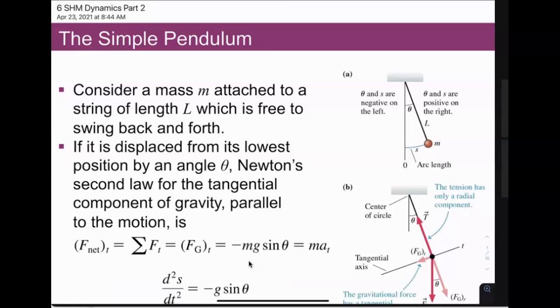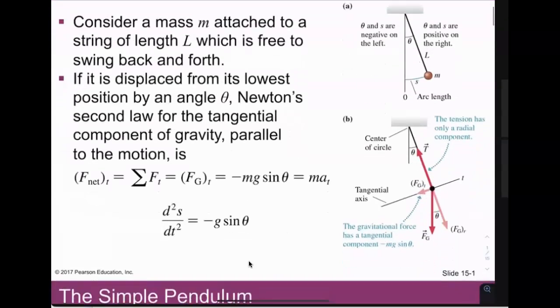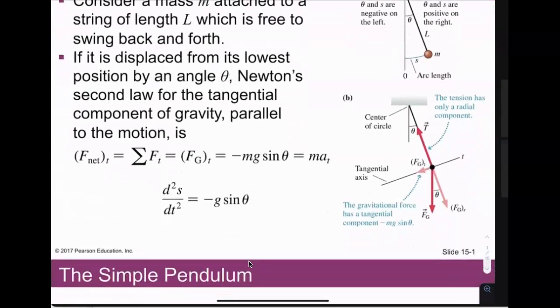And since that's the net force, that's equal to the mass times the acceleration in the tangential direction. So from that we see that the second derivative of position with respect to time, that is the tangential acceleration, is equal to minus g sine theta.